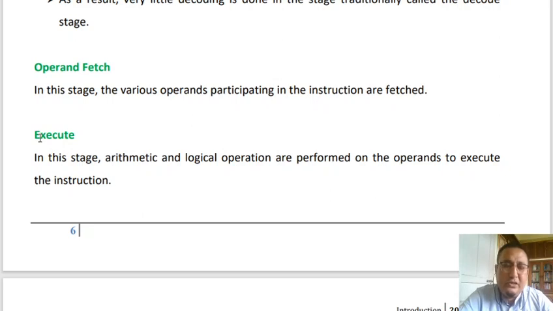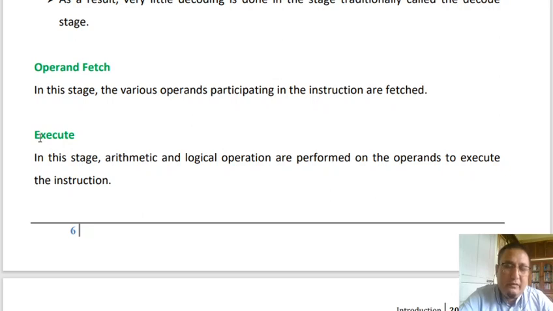The execution of an instruction may involve a register operation, or a memory referencing operation, or a multi-purpose instruction cycle. Whenever a register operation is being performed, the operands participating in the instruction execution are present in the register, so the associated latency is to be taken care of.